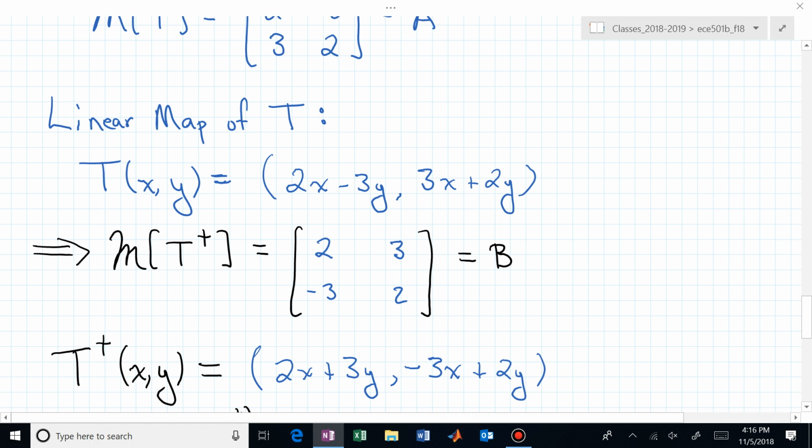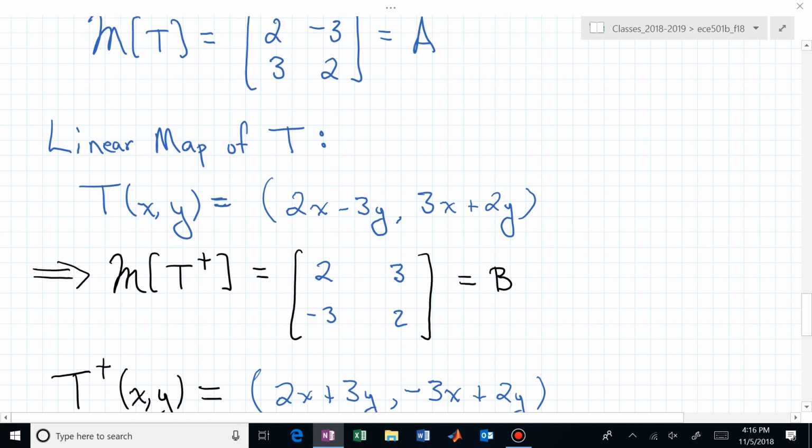And hopefully you can see that this is not a self-adjoint map based on these matrix representations. The matrix representation would have to be equal to its conjugate transpose if it was self-adjoint, and that's not the case here.